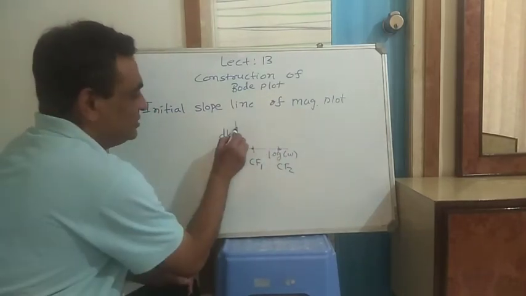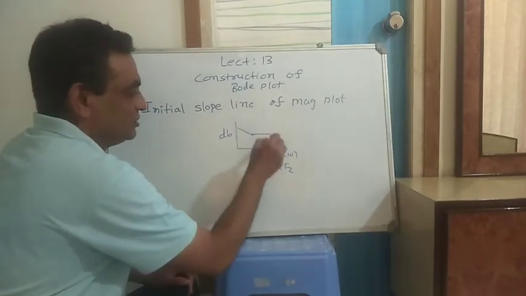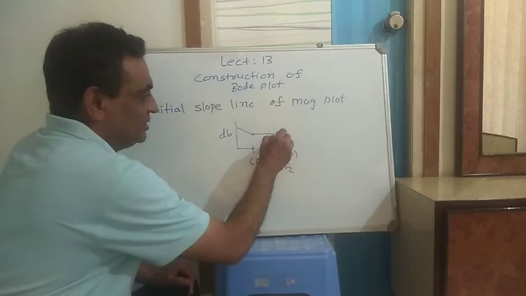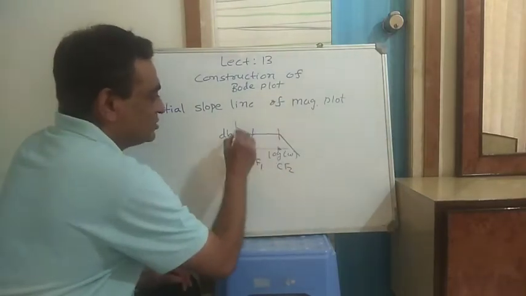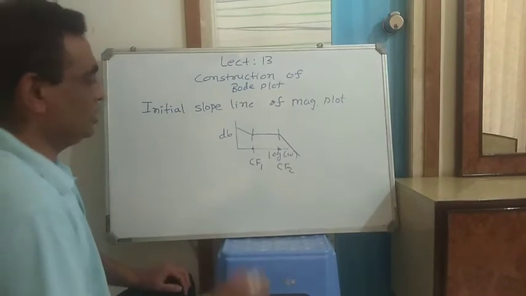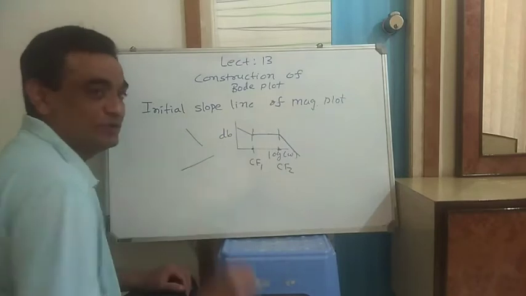Note that this is a negative slope line and this is a positive slope line.